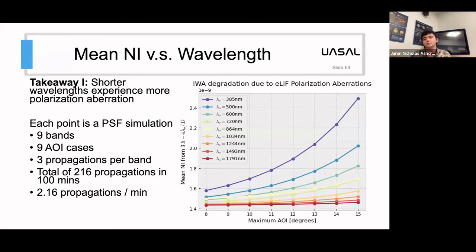Jared: Yes. So given that the APLC was designed to achieve 10 to the -10 outside of the inner working angle, why is the minimum on your y-axis 1.5 times 10 to the -9? I think that could be a couple of things. One, I'm unfamiliar with the design.